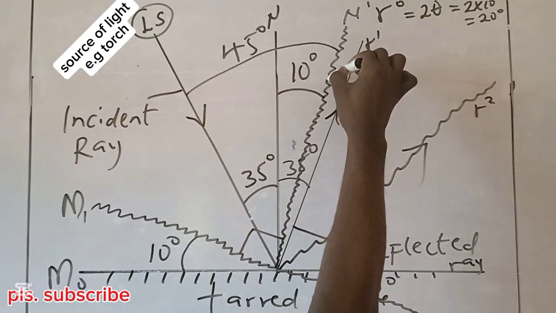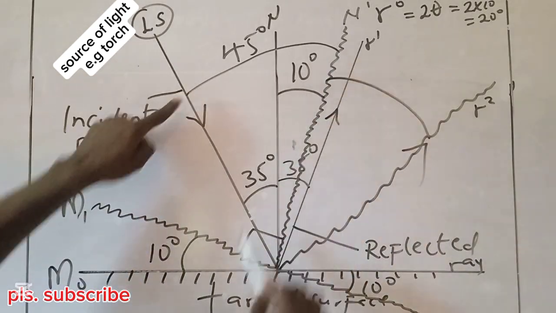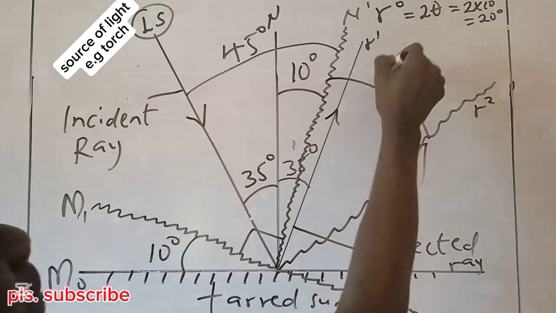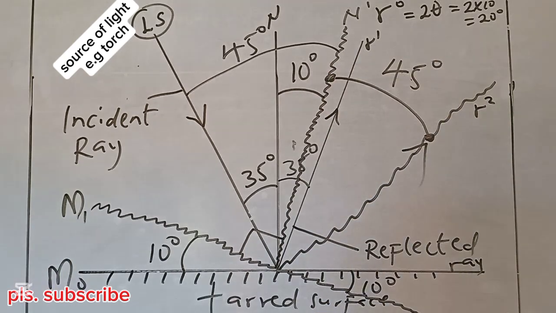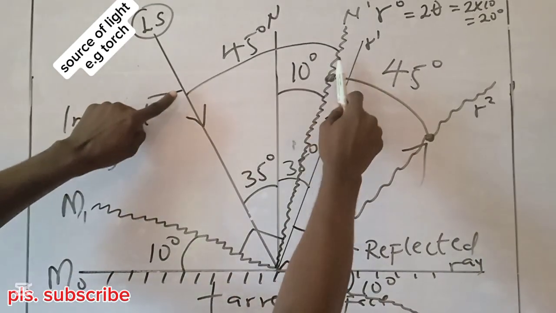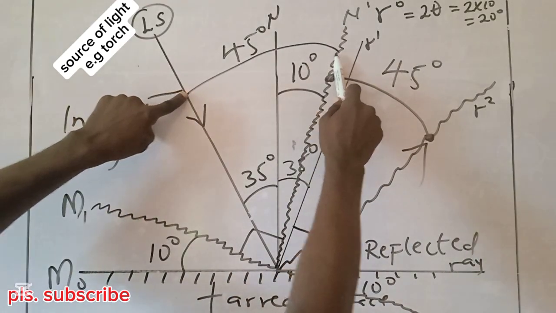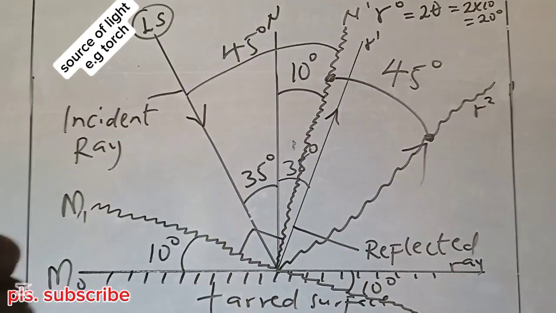Therefore, measure from the normal again. Recall, I have 45 degrees. Provided it's a flat mirror, I also have 45 degrees again, from here to there. 45 degrees again, because for a plane mirror, the angle of incidence must be equal to the angle of reflection. Okay.